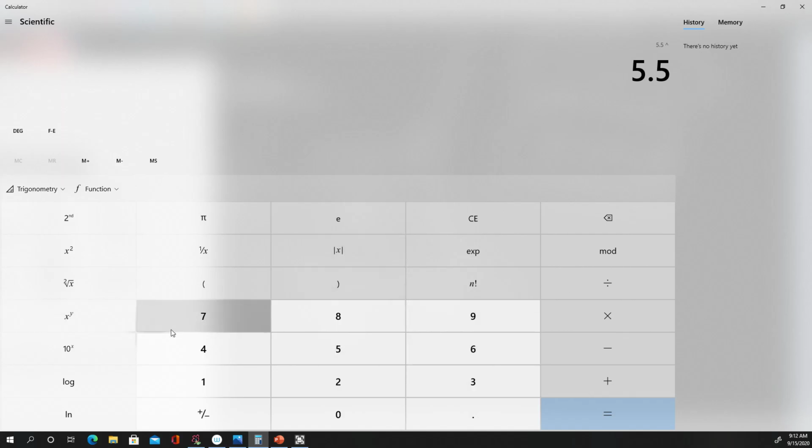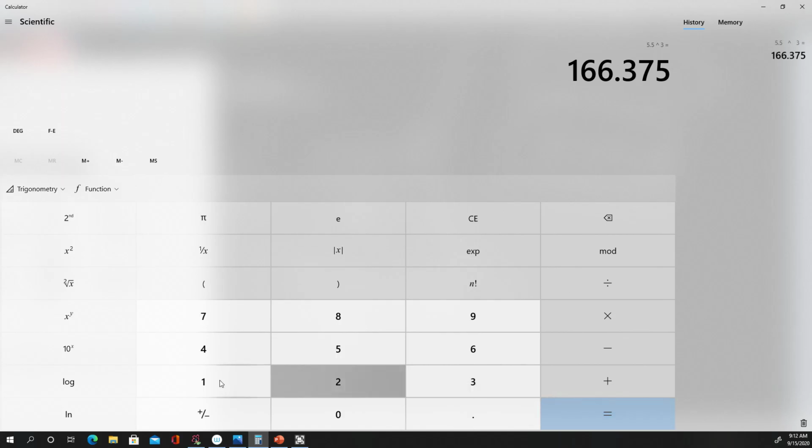So that means to some power, and I'm going to click 3, so to the 3rd power. And there we go, same number, see? So all I did was, again, if you didn't see that, I just typed in the number I want to cube. Then I click this, and it says some number to the y power. So I got to say what power, 3rd power, equals that. So that's the other way to do it. Or you can just multiply it 3 times if that makes you happy.